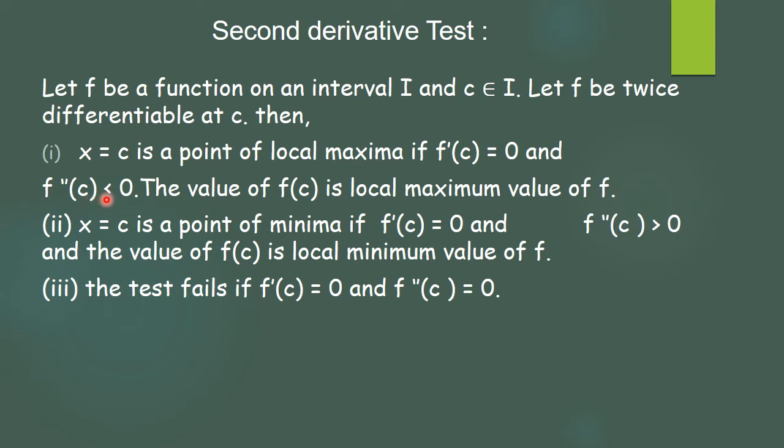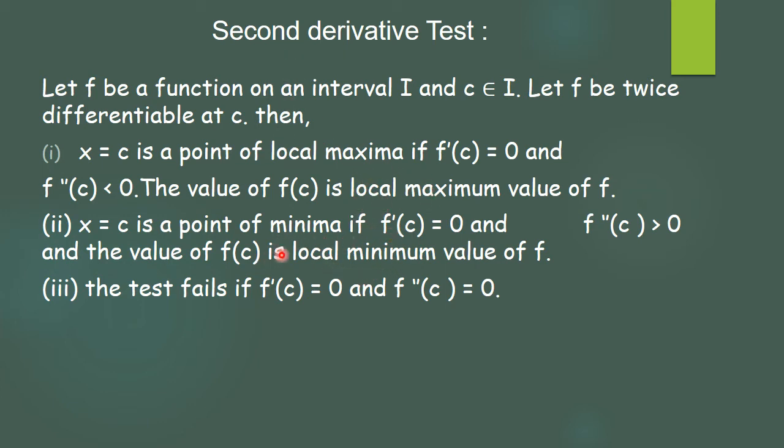If the second order derivative is negative, it indicates a local maximum. If it is positive, it indicates a local minimum point. And if f double dash of c becomes 0, actually no maxima, no minima, this test cannot say which is a maximum or minimum value.